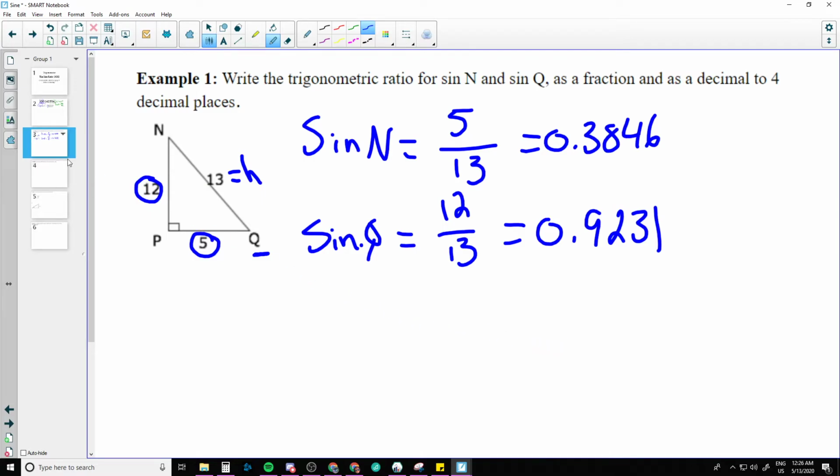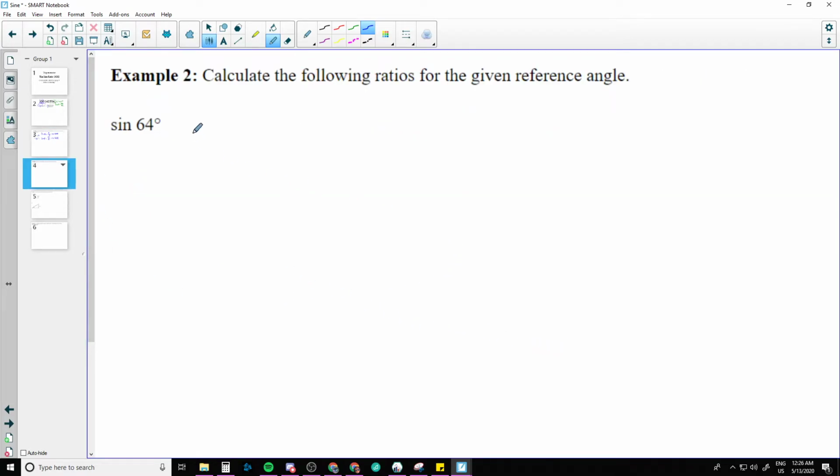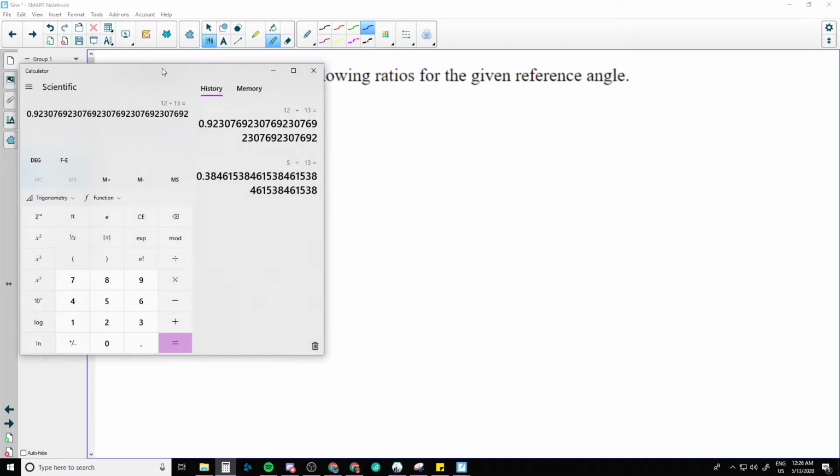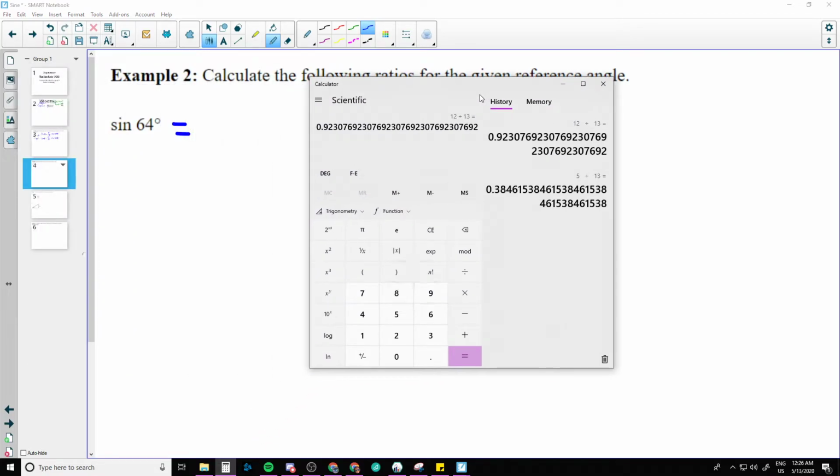Okay, very simple. Example 2 asks us to calculate the following ratios for the given reference angle. So it wants the decimal here. What is the sine of 64 degrees?